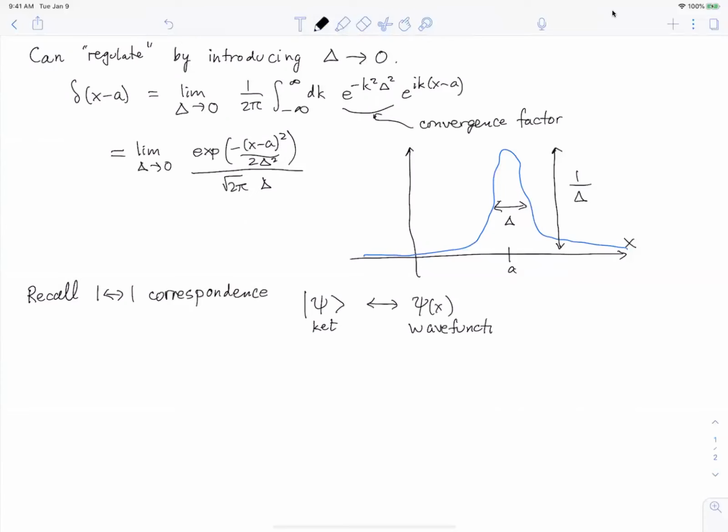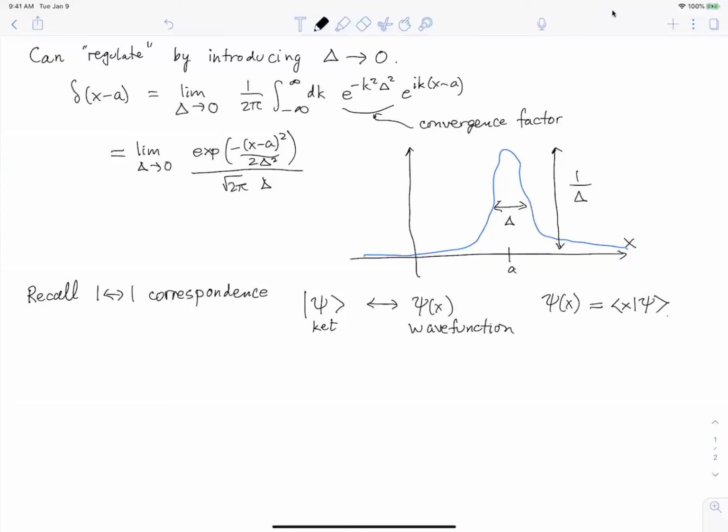They're not equal to each other. They're associated. That's what the double arrow means. And the relationship between them is that psi of x is, by definition, the inner product of the bra x with the ket psi.